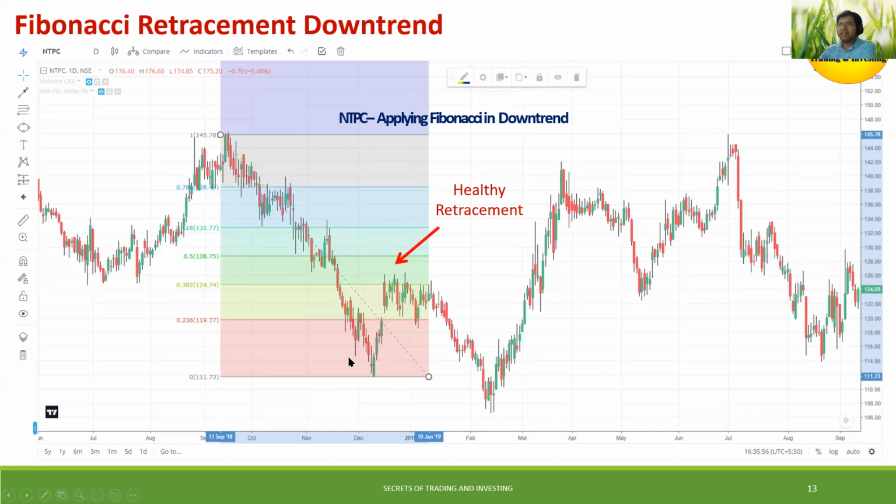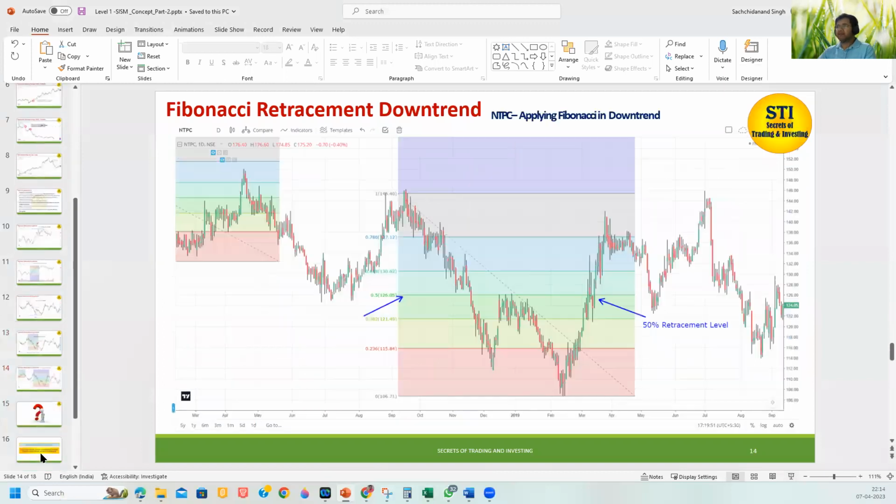What I will recommend is that you don't wait any further after this 50%. You can wait till 50%, and if it is retracing beyond that, you can decide to exit the market. That is theoretically all about the fib retracement theory, which recommends you.